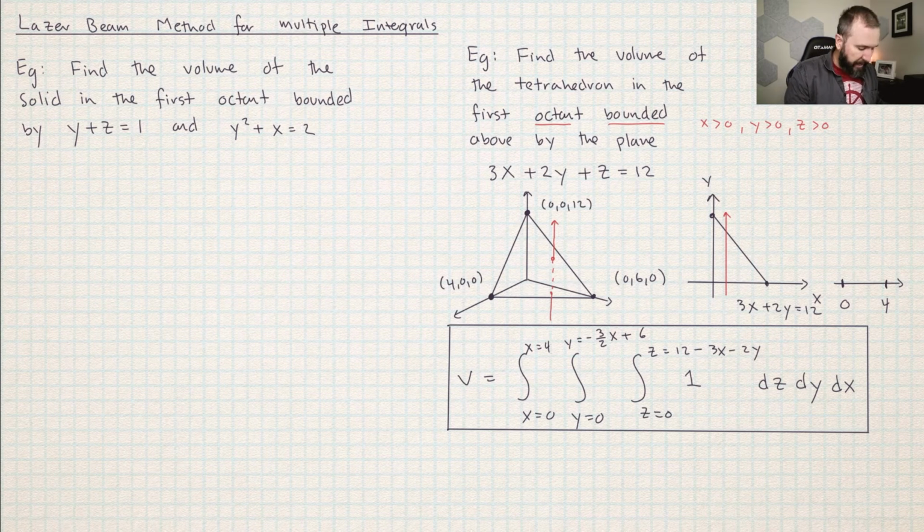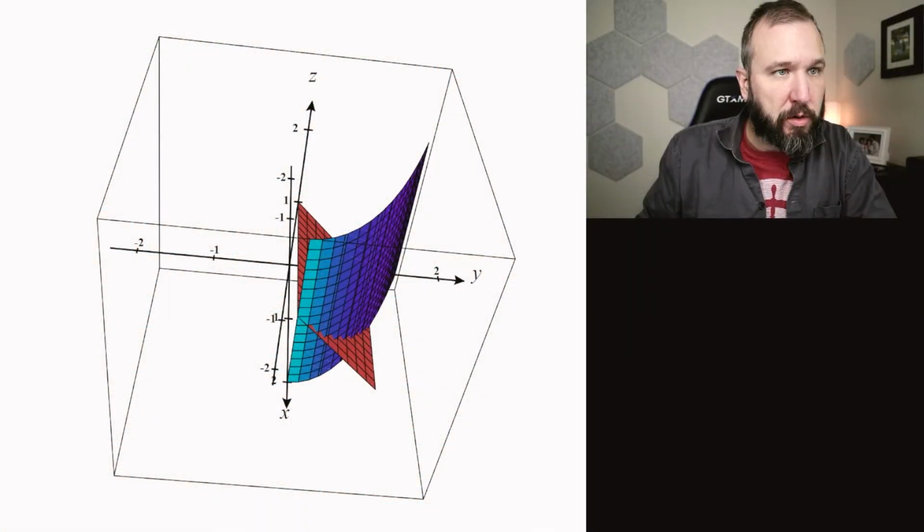Again, we're looking at a solid that is in the first octant. Okay, so it's bounded by these coordinate planes, and then it's bounded by this plane, y plus z equals 1, and this cylinder, y squared plus x is equal to 2. Okay. All right, so here's the cylinder that we're talking about.